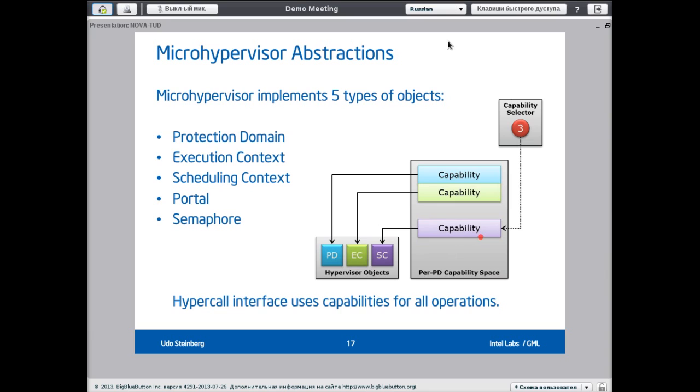So capability number 3 is the one that refers to the scheduling context. And since the hypercall interface uses capabilities for all operations, the user cannot access objects that it doesn't hold the capability of because it cannot even name those objects. If you don't have a name for it, you can't tell the hypervisor what to do with it. That's why capabilities are so well suited for implementing the principle of least authority.